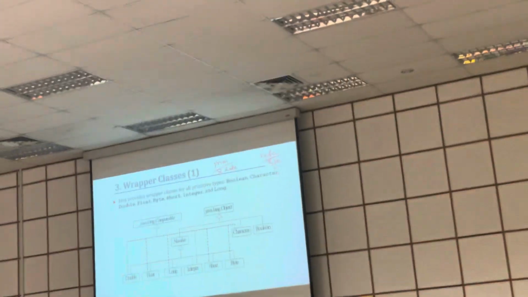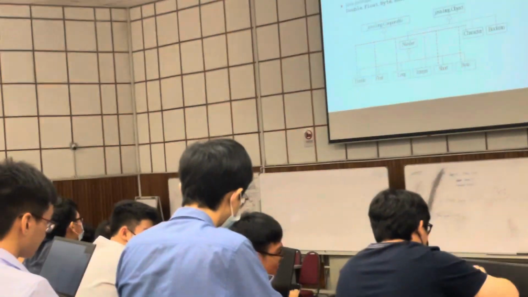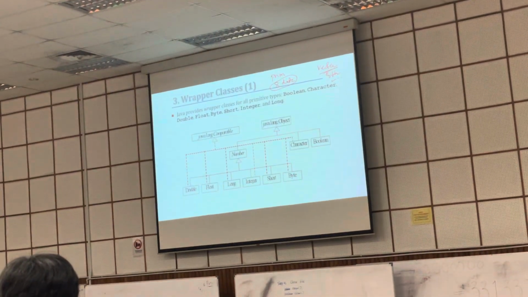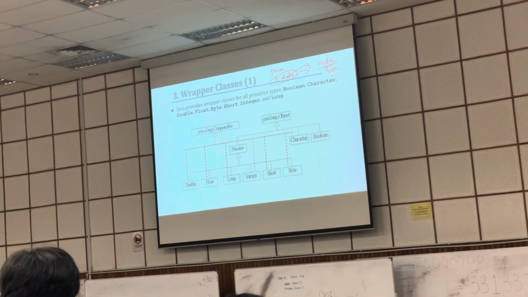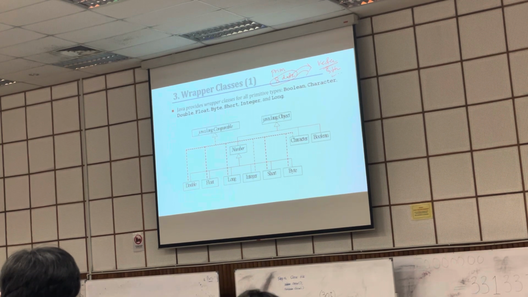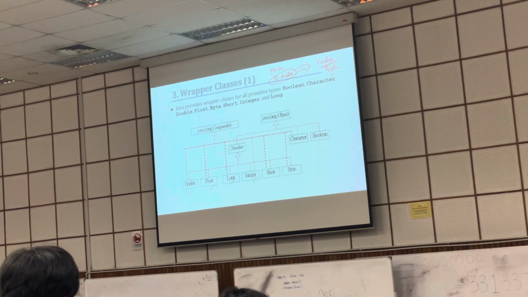So primitive types cannot have methods. So each primitive type has an equivalent wrapper class, which can make your primitive type behave like an object. Okay. So you see double, float, long, integer, short, byte, character, and also boolean.